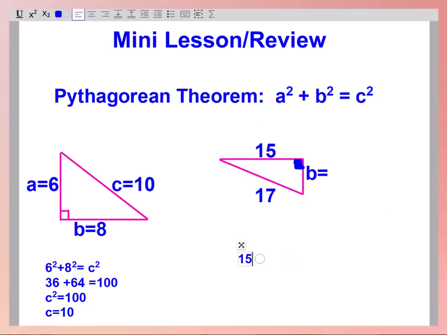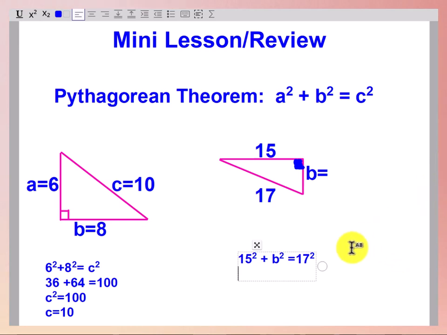A is 15, so 15 squared plus B squared equal 17 squared. This time we do have C, the longer side. So go ahead and substitute that into the equation. And then we'll work on solving for B.